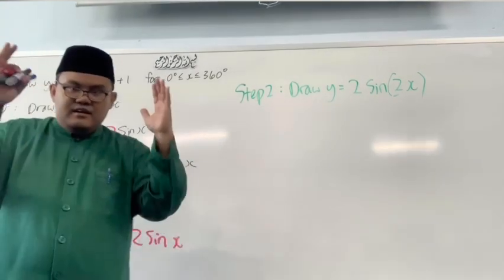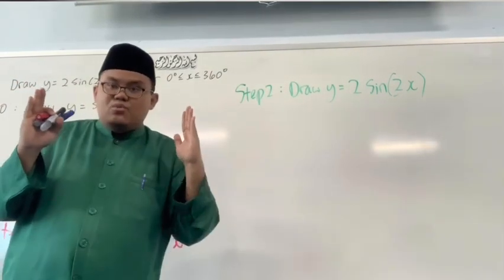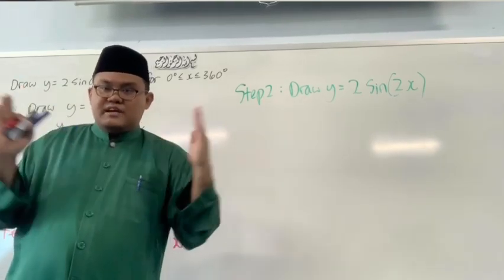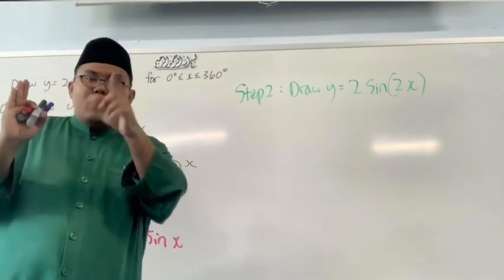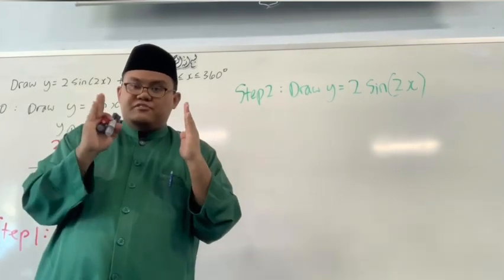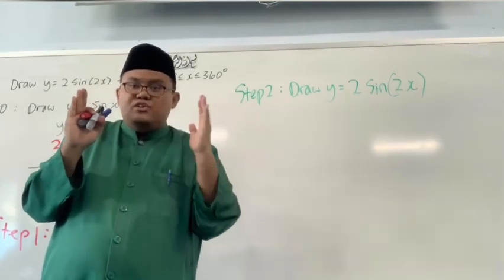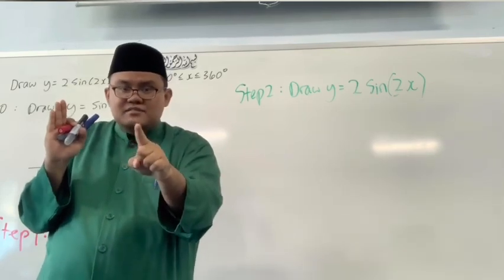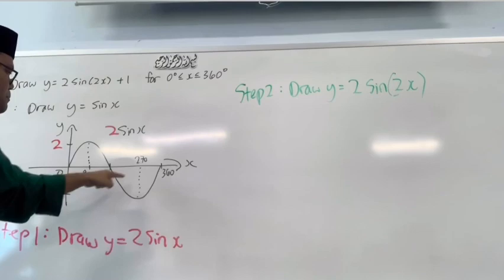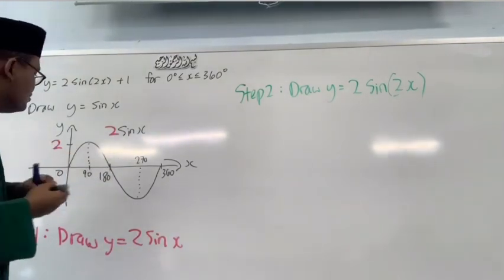Recall, the 2 inside the sine will compress it horizontally, this way. And what happens when you compress horizontally? All the y values remain the same, but all the x values will divide by whatever number is here. So all my x values divide by 2.